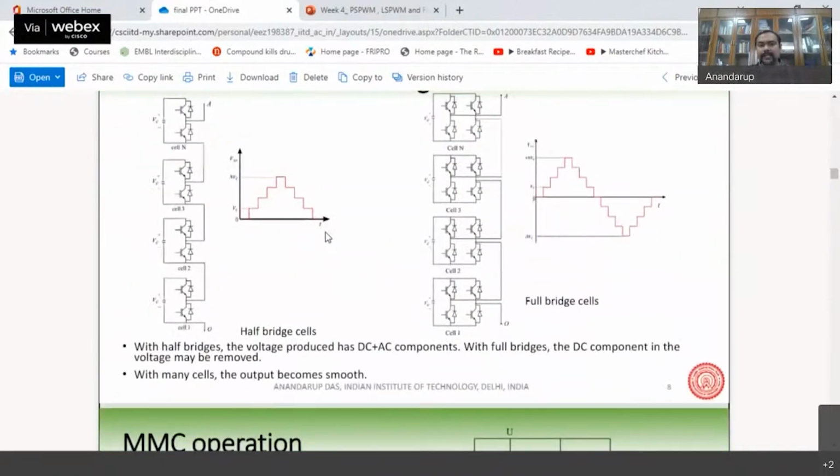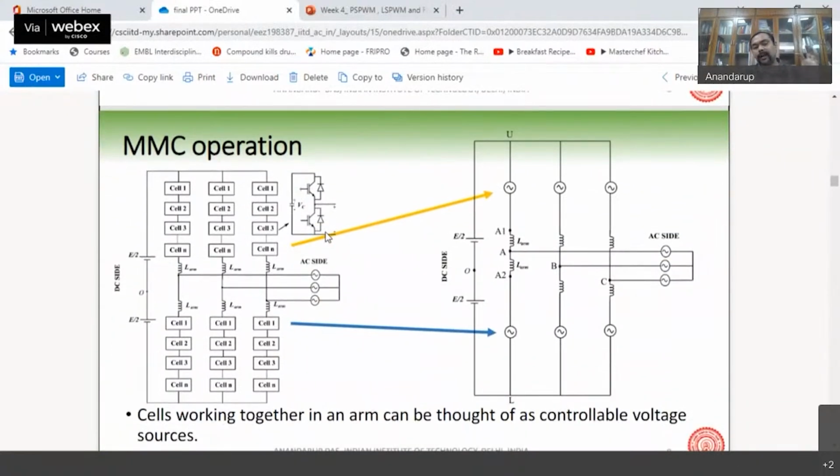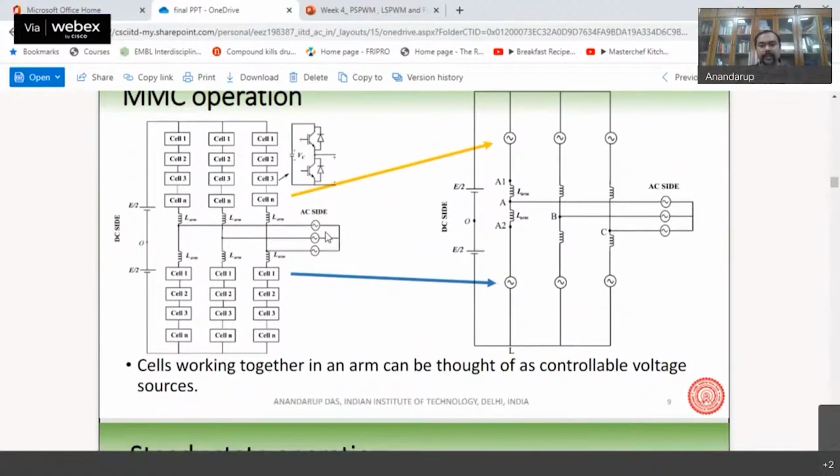And how do you analyze it? You can analyze the MMC by assuming that the upper arm, consisting of several cells in series, and the lower arm can be thought of as controllable voltage sources.